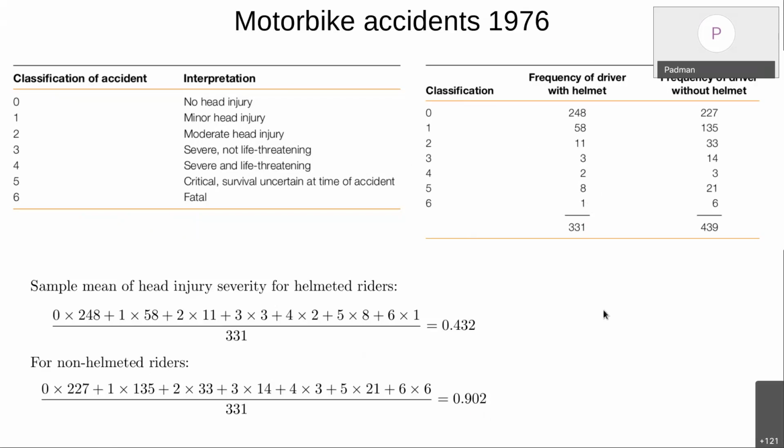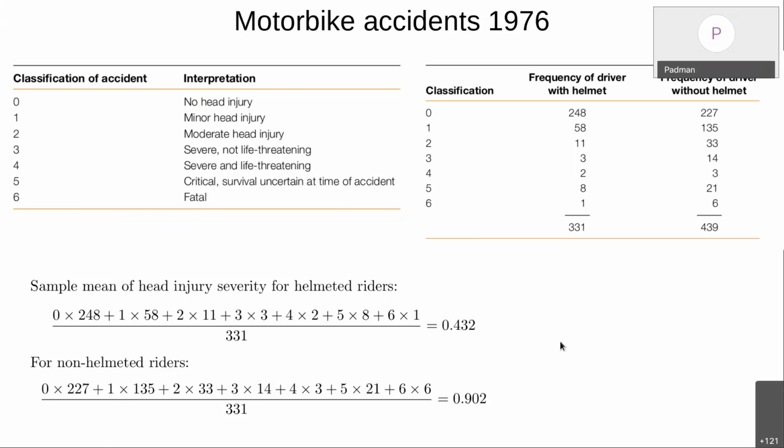Fine. So now, I can interpret this as the mean of the head injury severity. We know that the higher the severity index, the more serious is the injury, right? So if you interpret it in that way, this basically means that when you're wearing a helmet, the severity is 0.4, and when you're not wearing a helmet, the severity is 0.9.